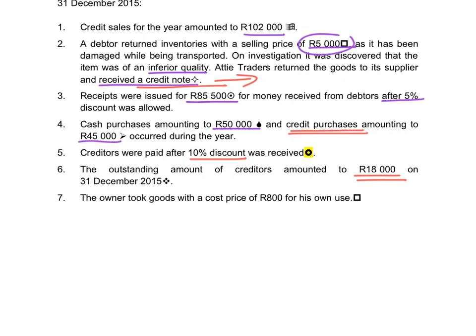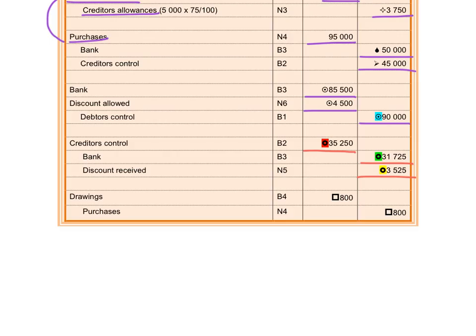The owner took goods with a cost price of 800 for his own use. When the owner takes goods for himself, he always takes it at cost price. Drawings will be debited with the 800 Rand. Purchases will be credited to reduce the expense, because when we bought the goods, we increased the expense for purchases on the debit side.